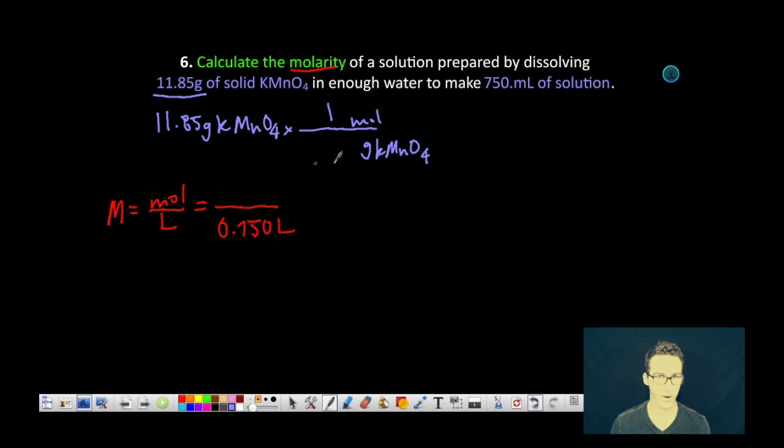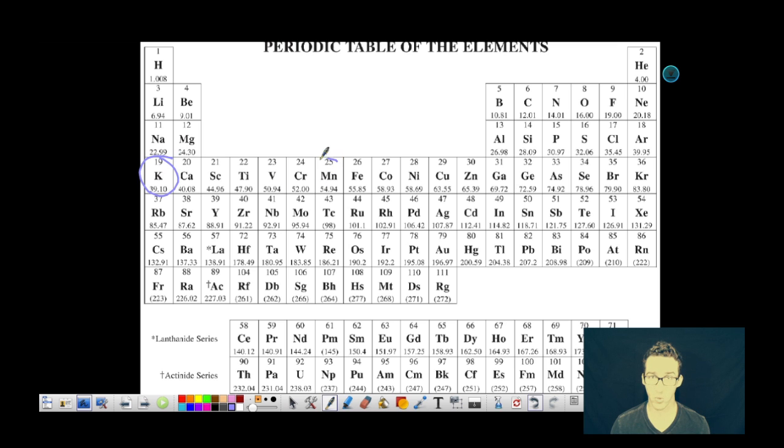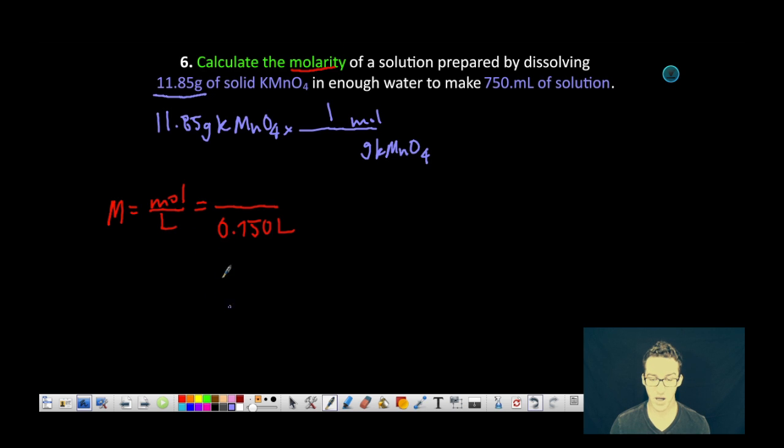Again, 1 mole, where do I get this number from? The periodic table. We're going to need 1 potassium, 1 manganese, and 4 oxygens to give us a value of 158.04 grams.